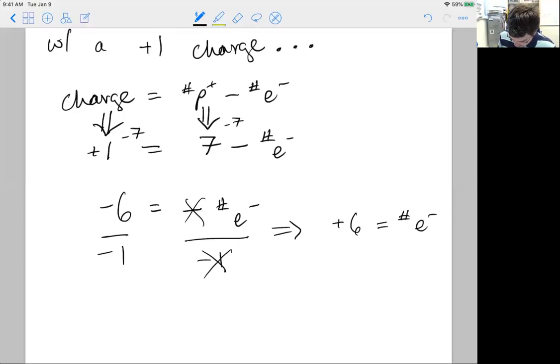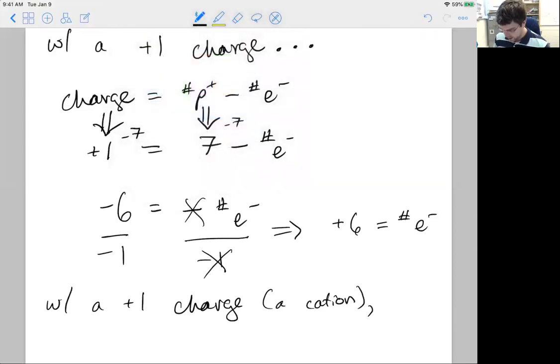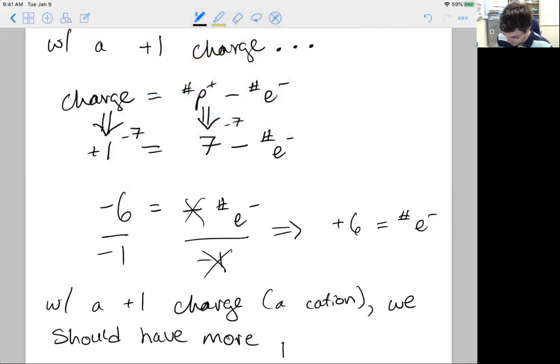Notice that with a +1 charge, which is, to remind us all, a cation, we should have more, what do we have more of?